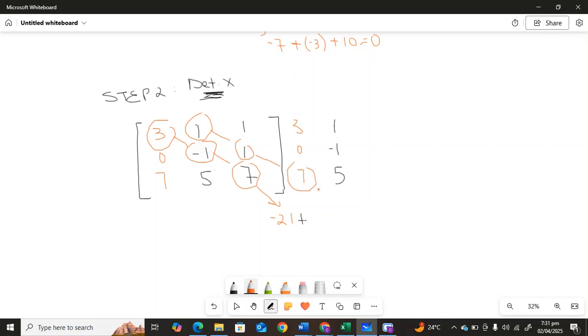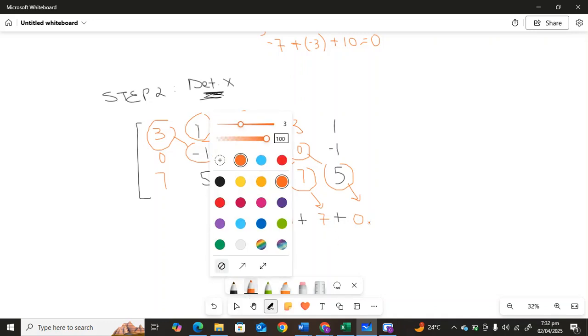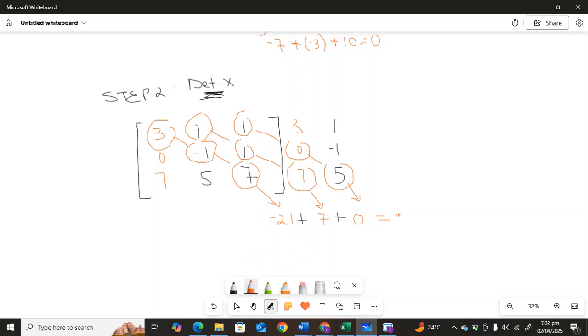We're going to get 7 plus 1 times 0 times 5. We're going to get 0. So negative 21 plus 7, that gives us negative 14.